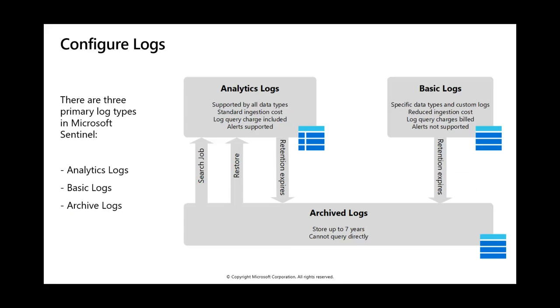During the interactive retention period, the data is available for monitoring, troubleshooting, and analytics. When we no longer use the logs but we still need to keep the data for compliance or occasional investigation, we can archive the logs to save cost. And we can access archive data by running a search job or restoring the archive logs.